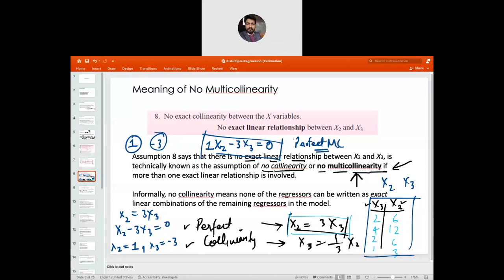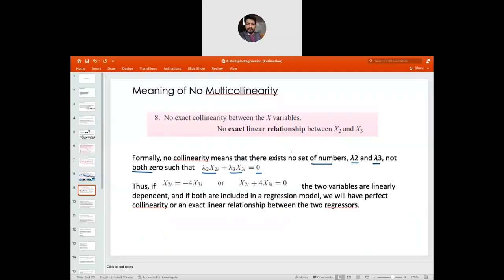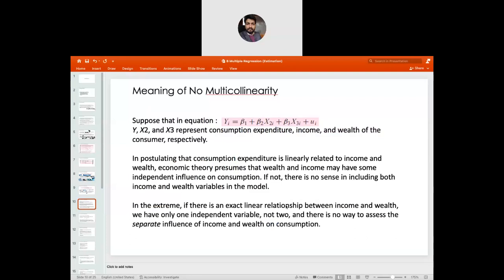And then violation of this assumption 8 is evident, right? So in this case, our lambda 2 is 1 and lambda 3 is minus 3, and their linear combination is 0, right? So this is one example here. You can read it. It's just same as what I explained now.